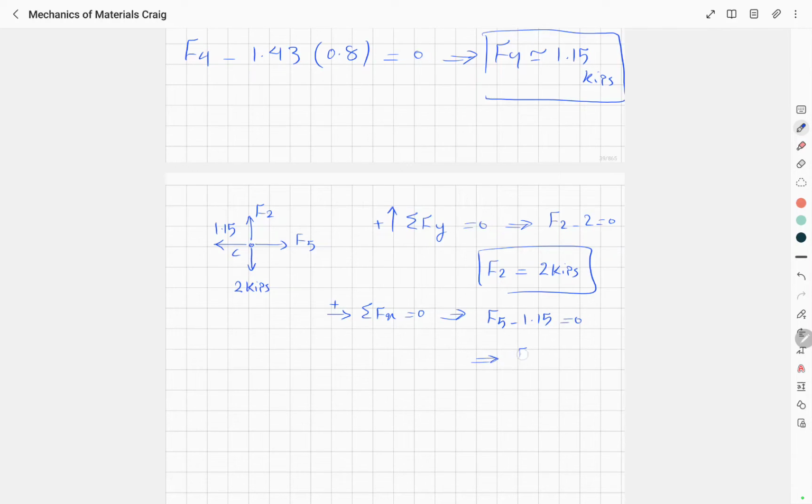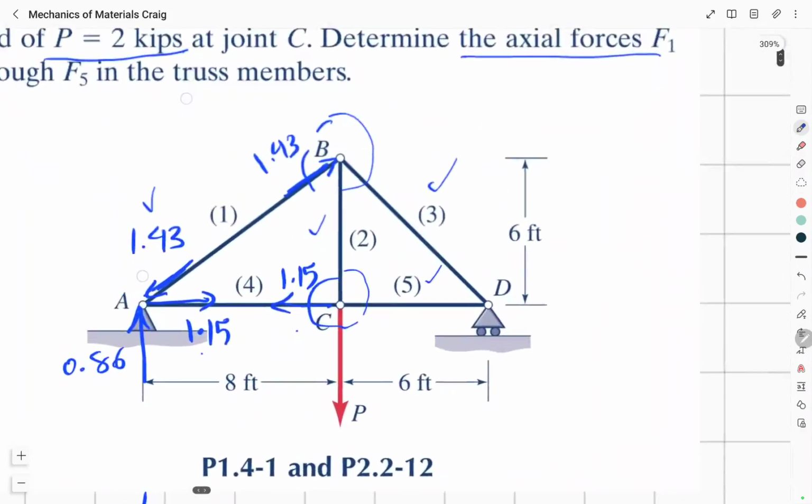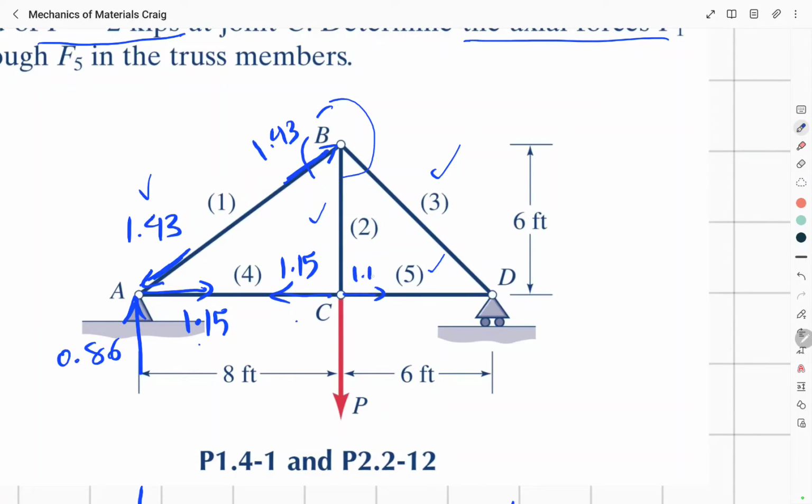So F5 is equal to 1.15 kips. So now in this diagram we can complete it. This is 1.15. This is 2. This is 2. This is again 1.15.